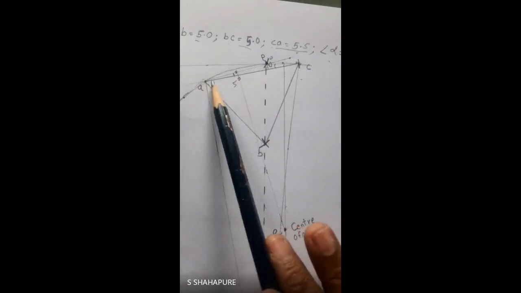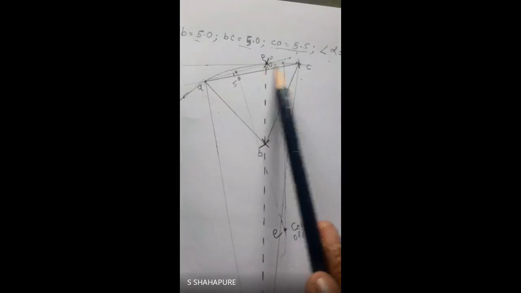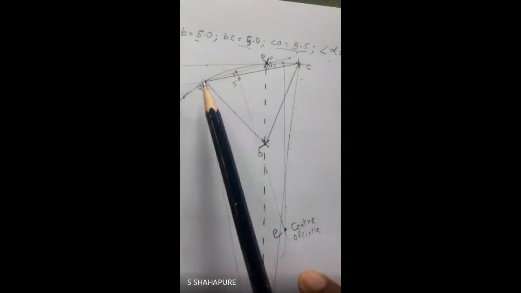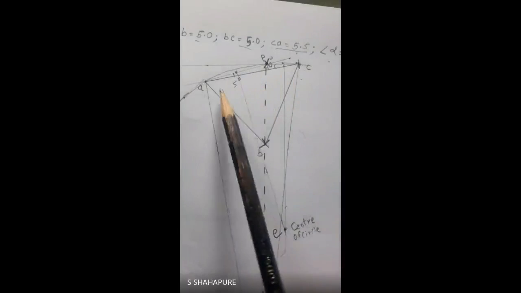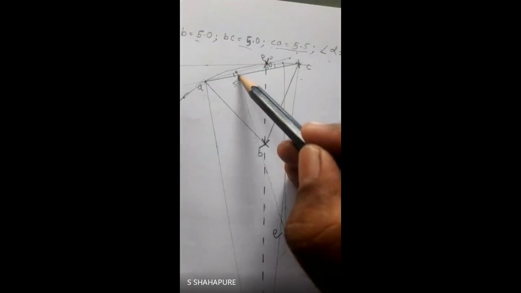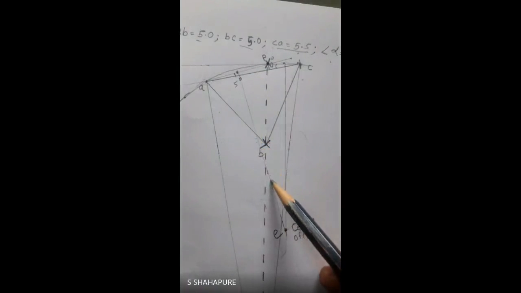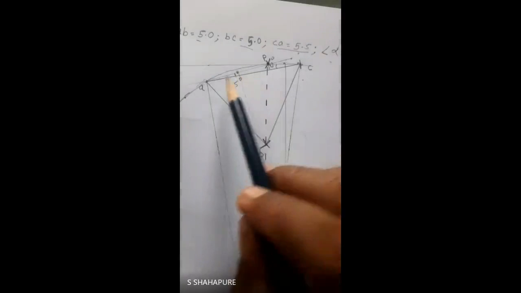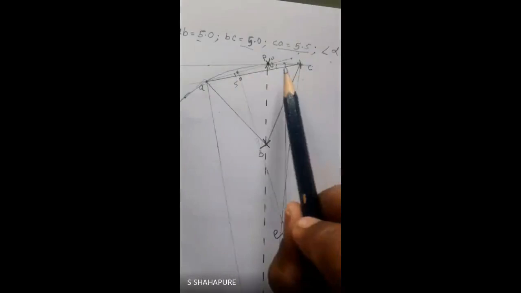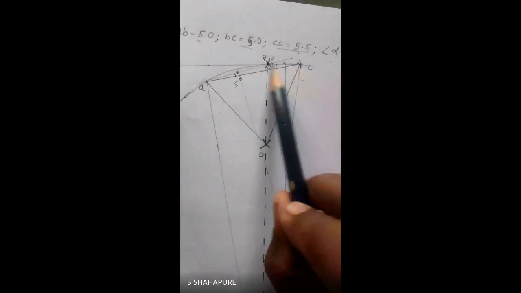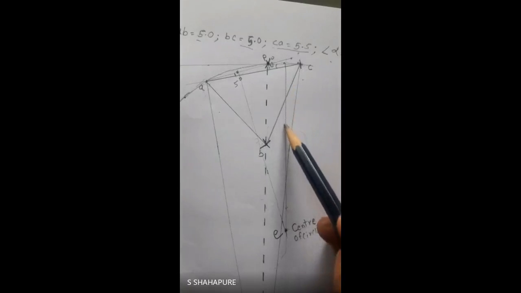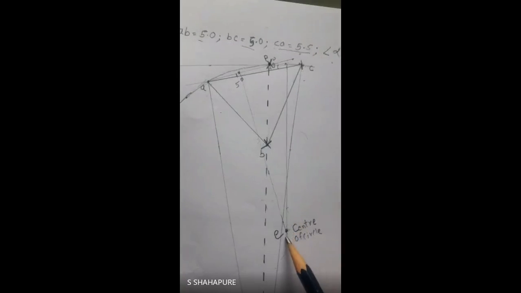Then thereafter, you have to draw the perpendicular bisectors for this AP and CP. This is the perpendicular bisector that is drawn to AP. And for CP also you have to draw the perpendicular bisector that is coming like this, and it is intersecting at this point.